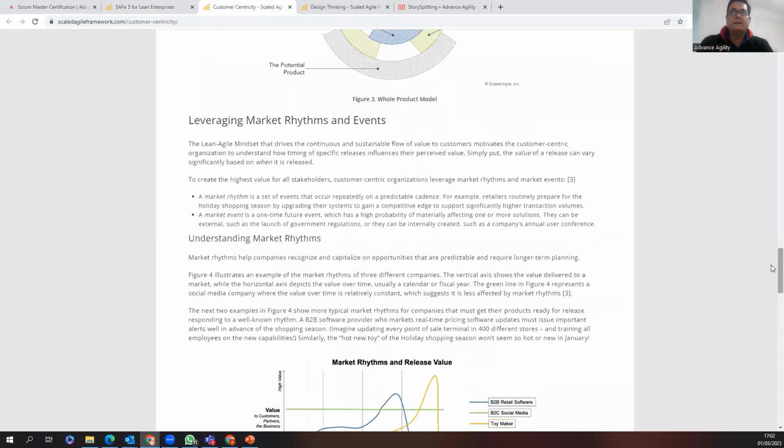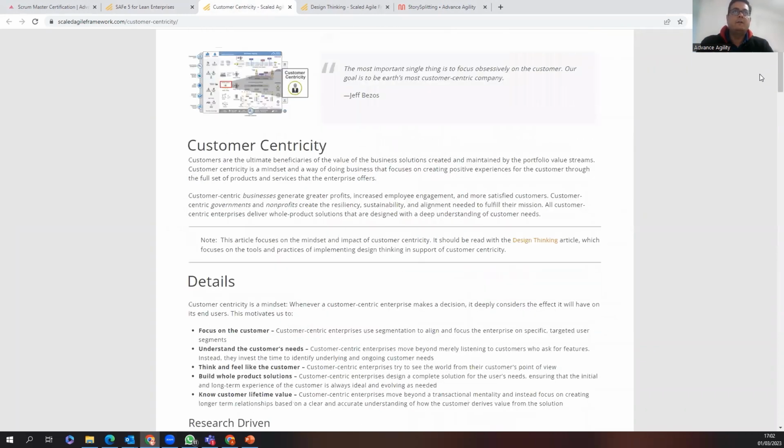Customer centricity, if we click here, we know that the customer is the ultimate beneficiary of the value. Who is the ultimate beneficiary of the value? The customer is the ultimate beneficiary of the value that we are creating. Having the customer in mind when creating value for them is very, very important.